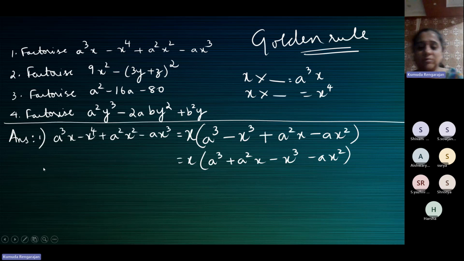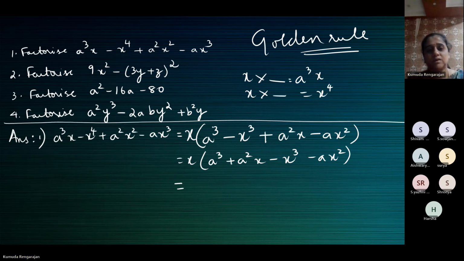I'll tell you how you can make out that it doesn't work. So the first step, children, all the four terms have x in common. If you don't take out the common factor, sometimes you cannot factorize, like what happened now. So take out the common factor. That is the first step.